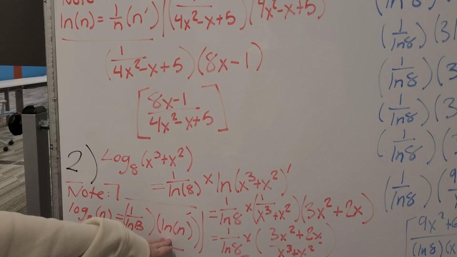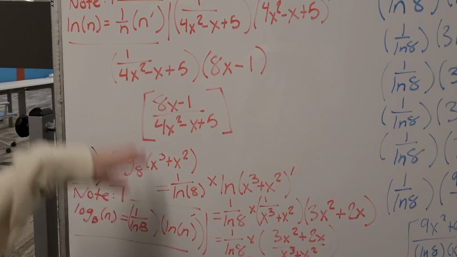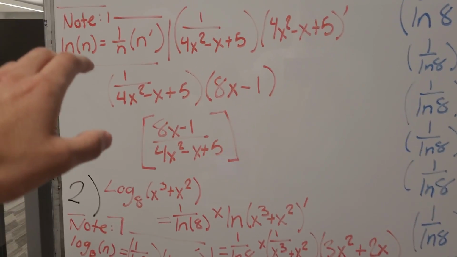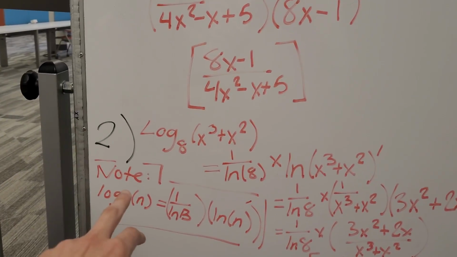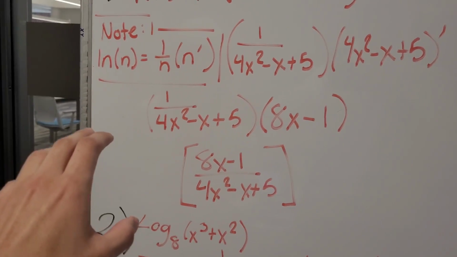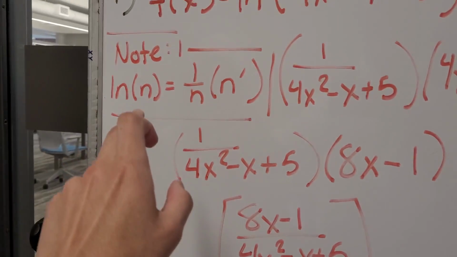Down here you actually find ln of n. So the two equations kind of connect with each other. The only difference is that with log base, you have a base. It's very similar to ln. You're kind of making the log base look like an ln.